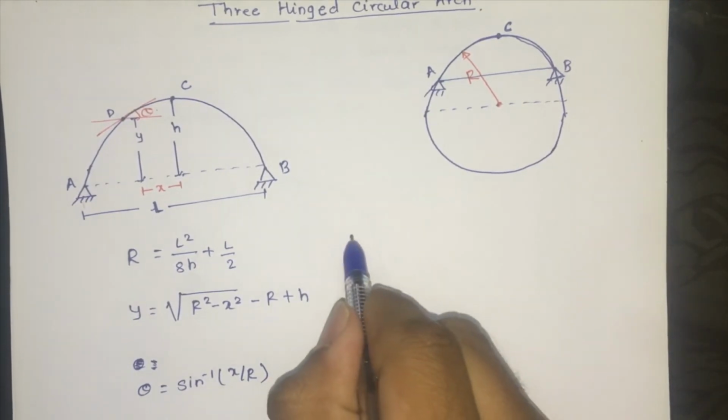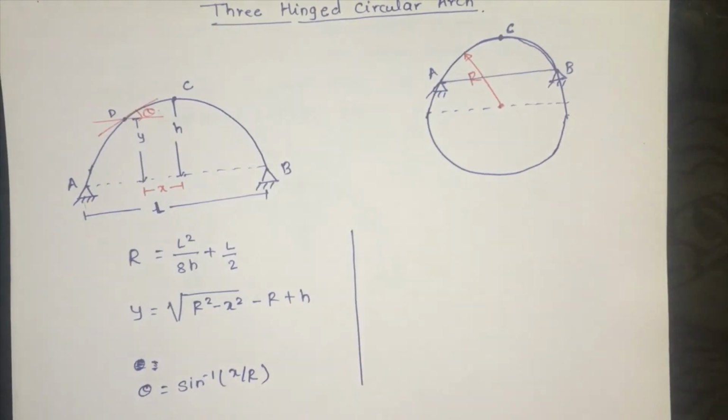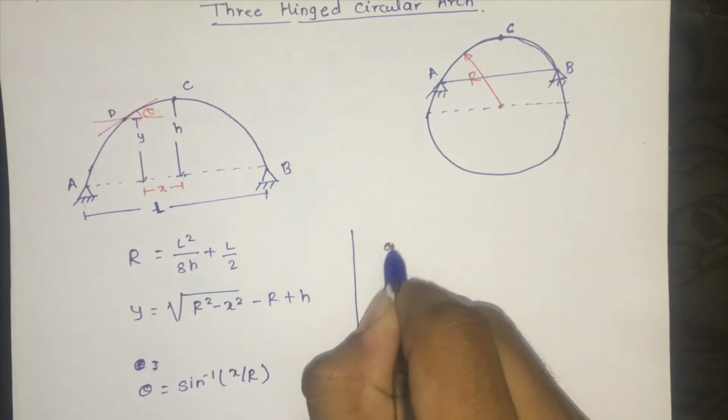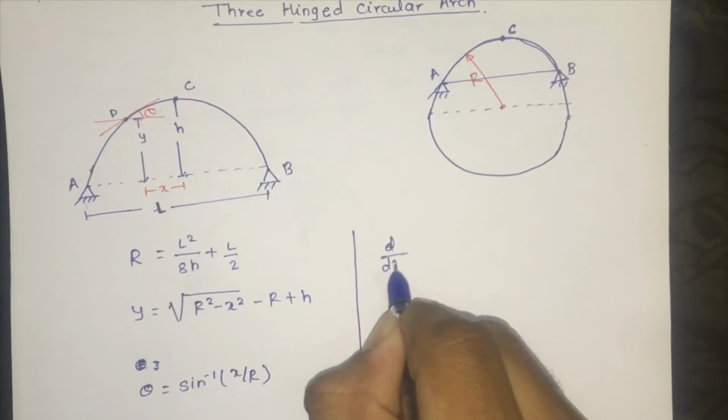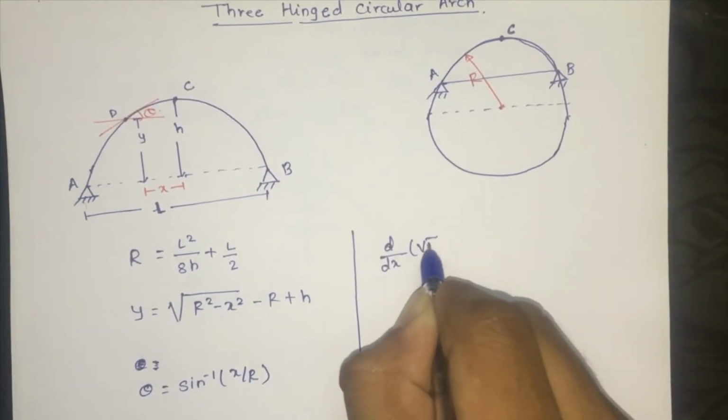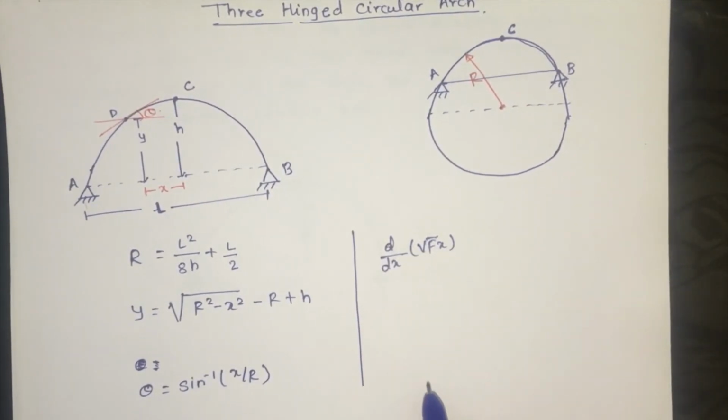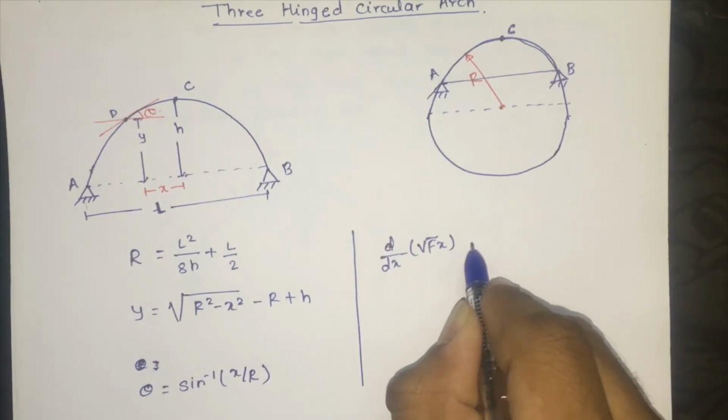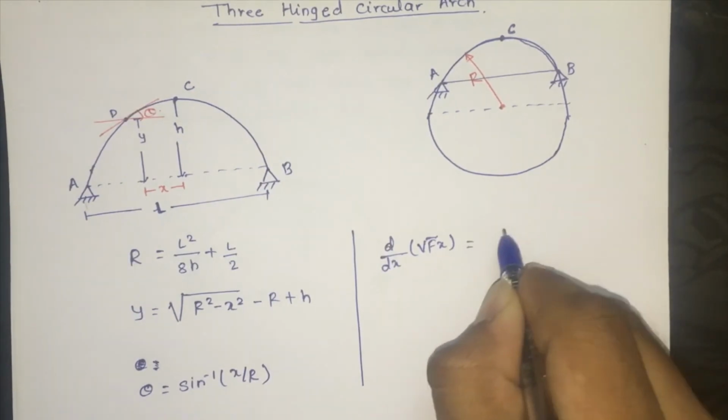Then one more thing we require, one mathematical thing we require many times while solving the problems of circular arches, that is the derivative of root of f of x function. Okay, so remember the derivative of this root of f of x.